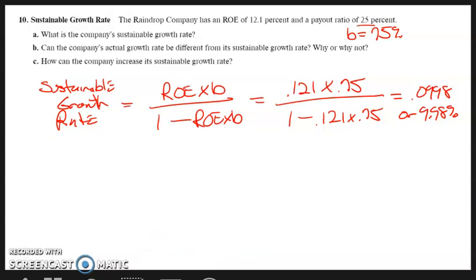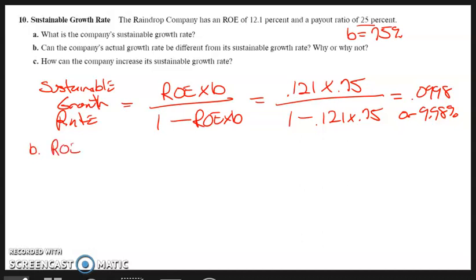Okay, so part B: can the company's actual growth rate be different from the sustainable growth rate? The answer is yes. Why? Let's talk about the DuPont equation.